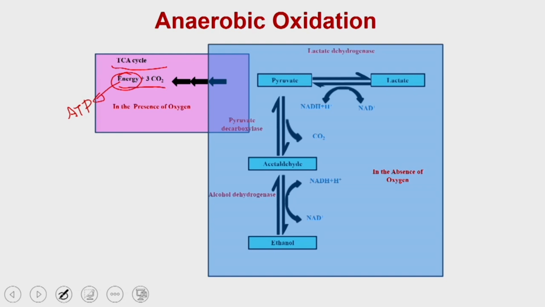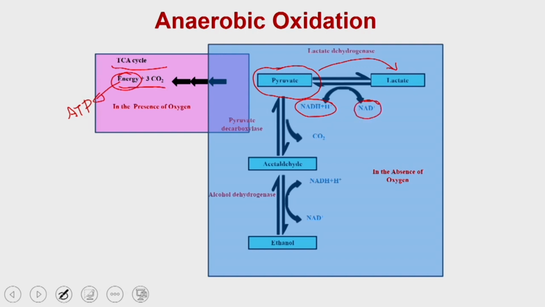But once the oxygen is not present, the pyruvate generated from the glycolysis is channelized into 2 different pathways. In one pathway, it is converted into lactate, and in this process the NADH generated by the cell is utilized to generate NAD plus.